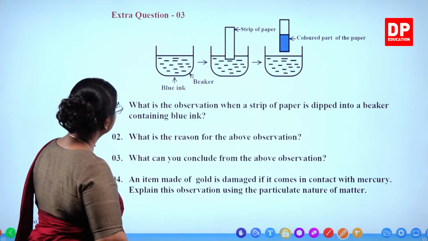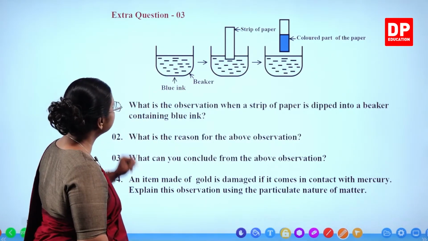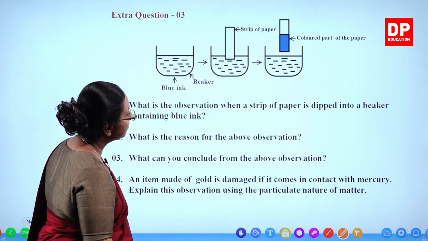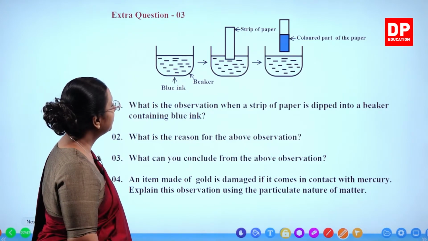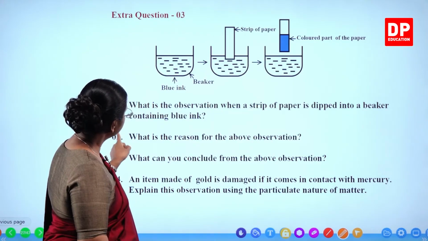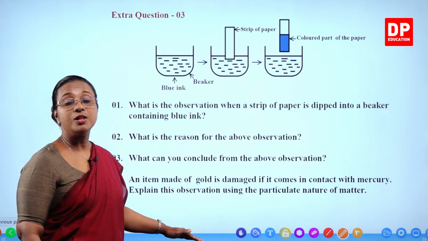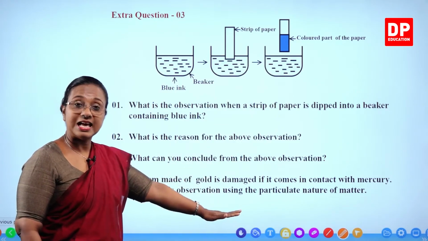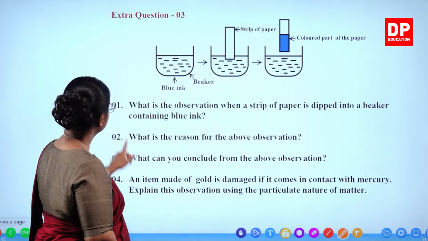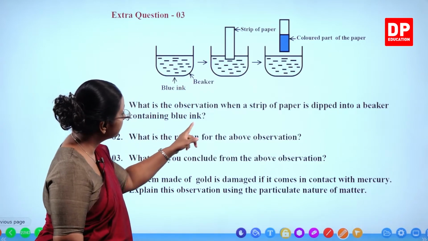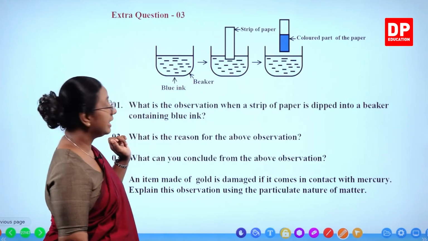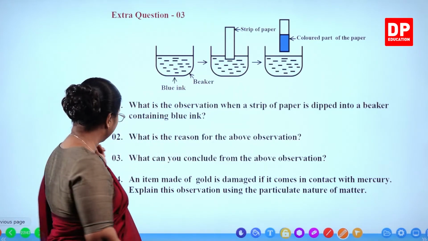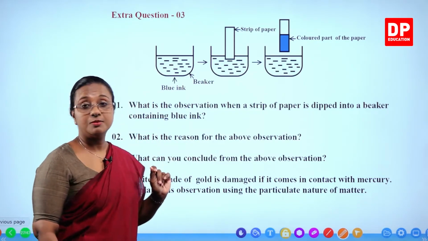Then the questions. What is the observation when a strip of paper is dipped into a beaker containing blue ink? We'll read all the questions, students, then in the next slide we'll answer them. What is the reason for the above observation?